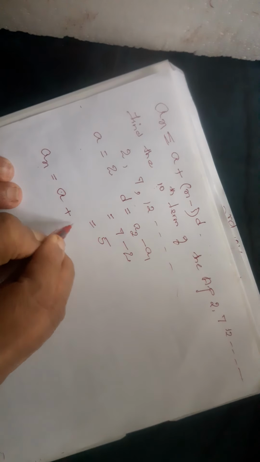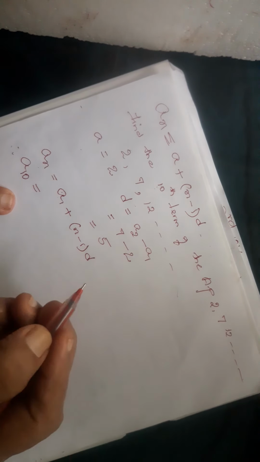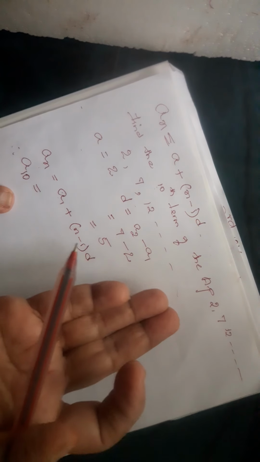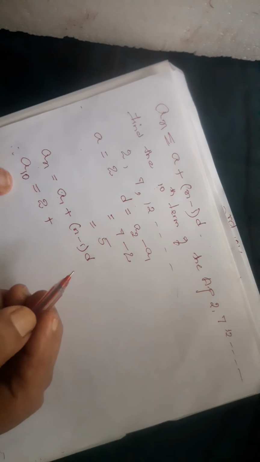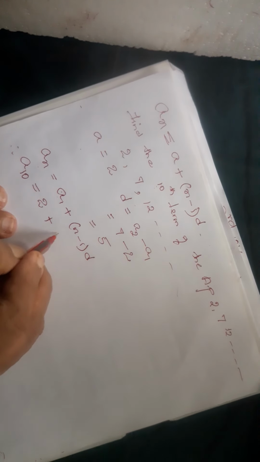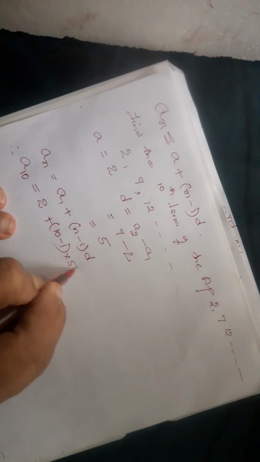So an is equal to, first let us write the formula, a plus n minus 1 d. Therefore a10 is equal to, because they are asking the 10th term. A is the first term, and in that AP you have already written a is 2, so 2 plus 10 minus 1 into d, which is 5.